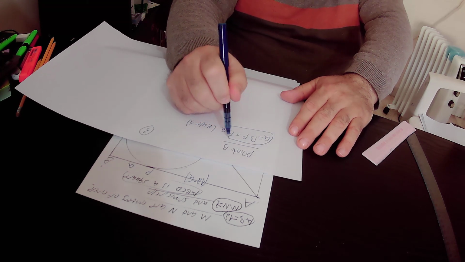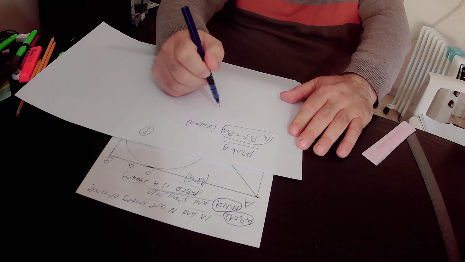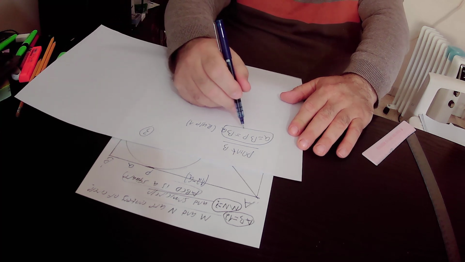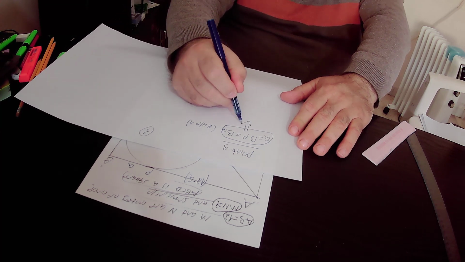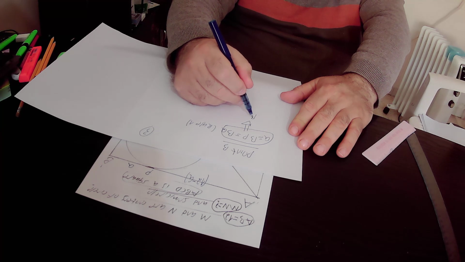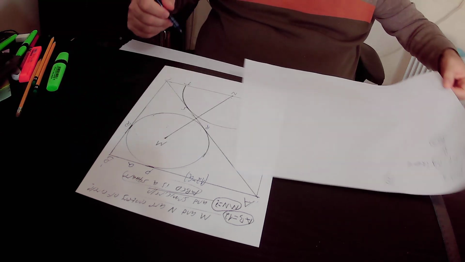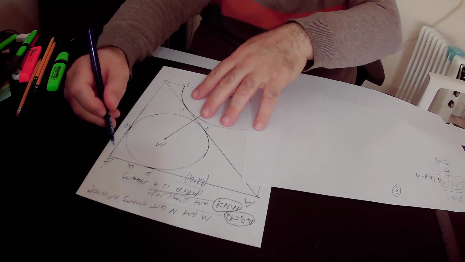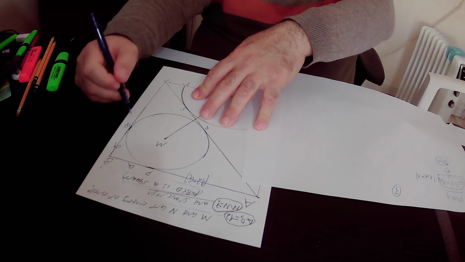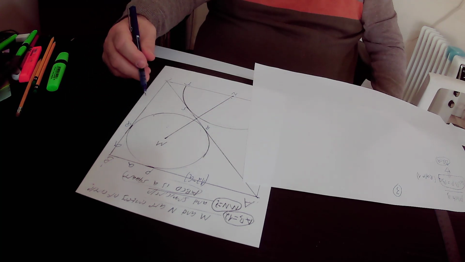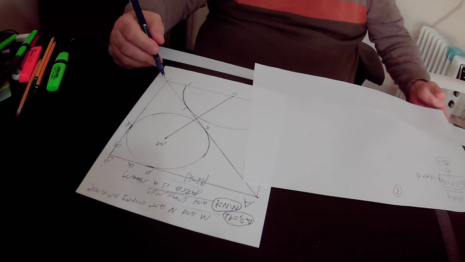So from this equation, A equals BP equals BQ, we will derive that BQ is also equal to A. So we can write here that BQ equals A. And what is the value of the length of QC?